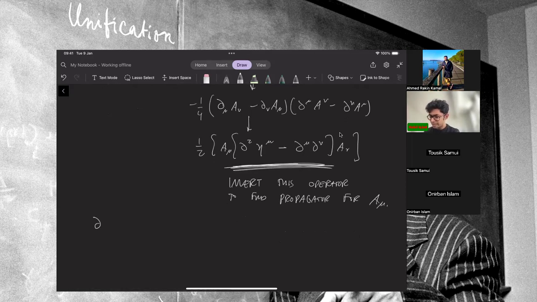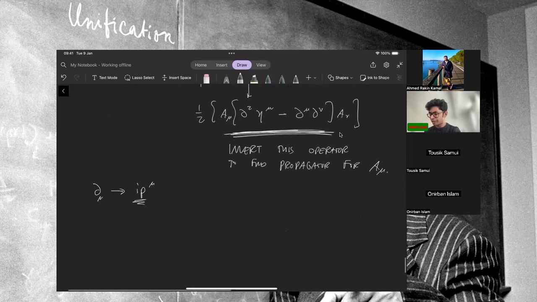Last time we did this by basically going to momentum space, which means that we replace every derivative with a p. We do a Fourier transform, then we go to momentum space, and every partial derivative becomes a momentum operator. And so what that means is we want to invert this operator, p squared eta mu nu minus p mu p nu.